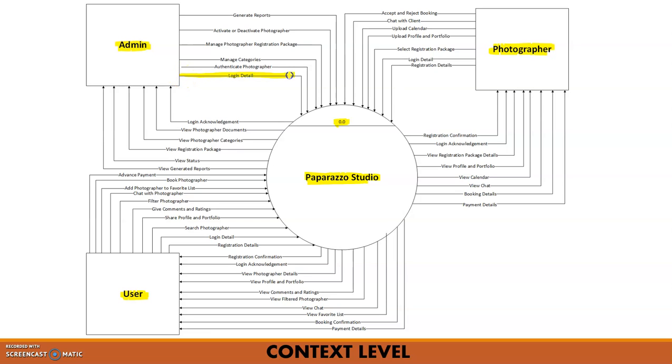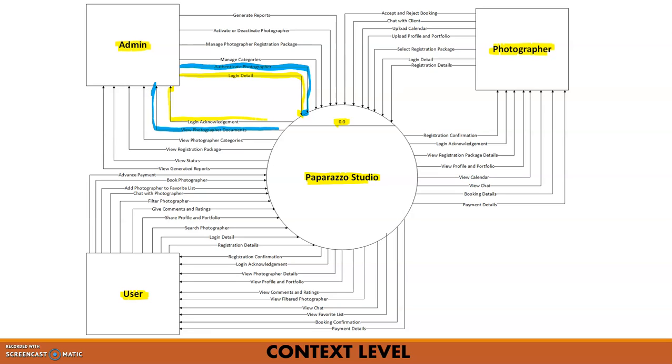The admin will give the login detail to the system, and the system will give the acknowledgement of login, right? In a similar way, the admin can authenticate the photographer, and the system will allow the admin to view the photographer documents, right?